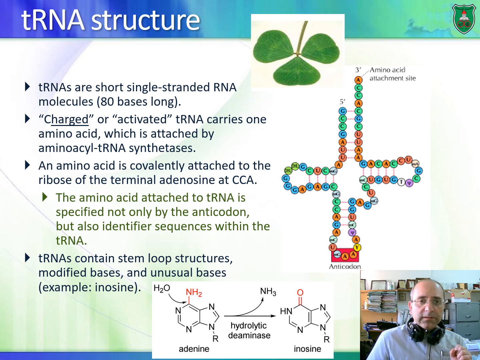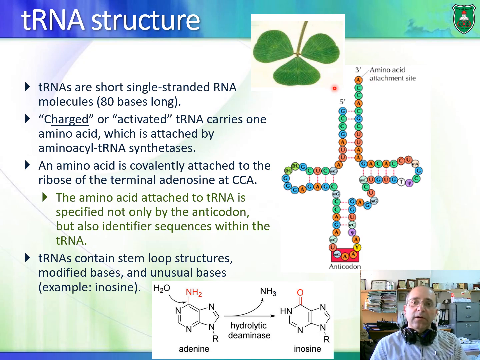Now, let's look at the transfer RNA first. Now, transfer RNA molecules are short, single-stranded RNA molecules, and they are about 80 bases long. So they have their own 5' starting point, and they have a 3' end point as well.